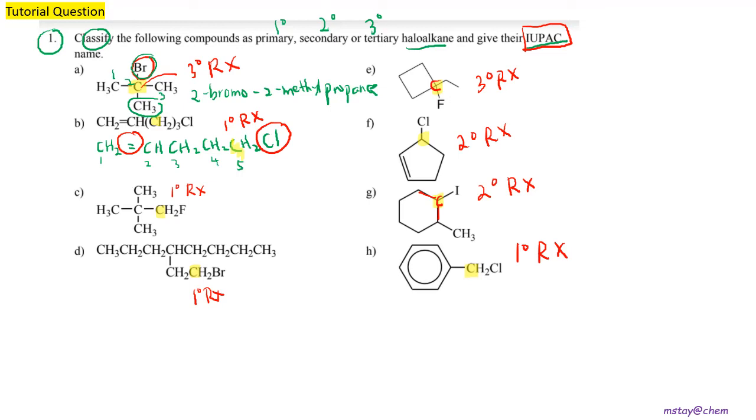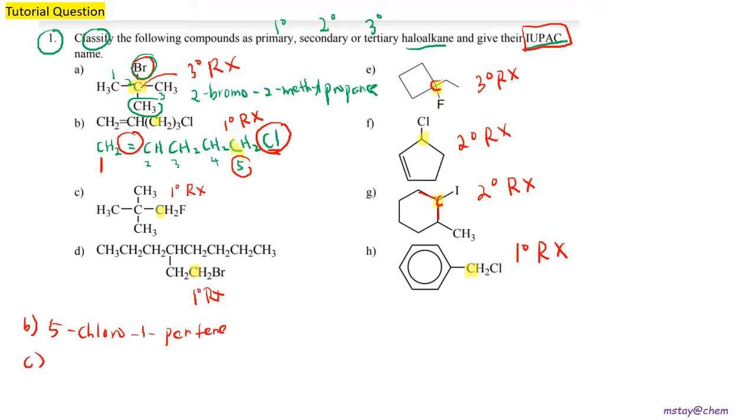So in this case, we will give priority to the carbon-carbon double bond. So we will name this as first carbon. So the name for B is 1-pentene. And then the chlorine is attached to the fifth carbon. So it will become 5-chloro-1-pentene.